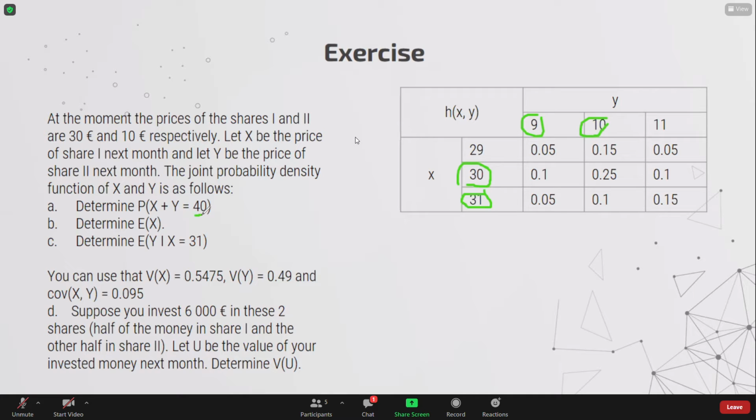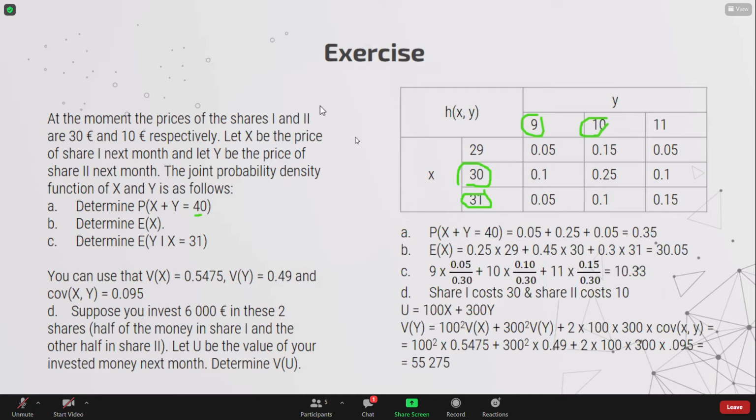If you have to determine the probability of having exactly 40 between those two shares, you have to calculate something different. If you have a look here, the probability of x being equal to 29, not based on y, just x being 29, has to be the sum of all those numbers, and it should be equal to 0.25, if I'm not wrong.